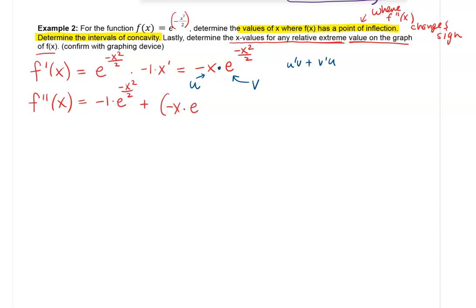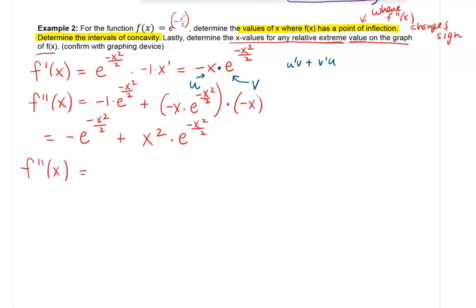So negative x times e to the negative x squared over 2, and then times u, which is negative x. So now I have negative e to the negative x squared over 2, plus these two negative x's multiply together and just become x squared times e to the negative x squared over 2. And then I'm going to simplify that a little bit more by just factoring out the e to the negative x squared over 2. And don't forget there's this -1 in front being added to x squared.